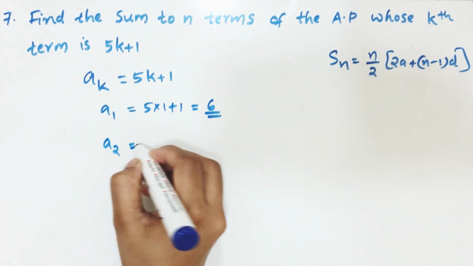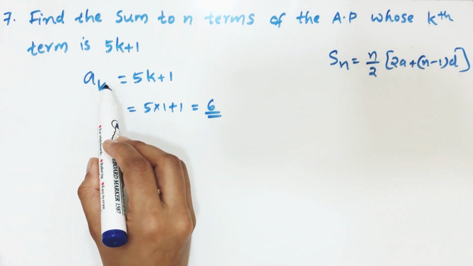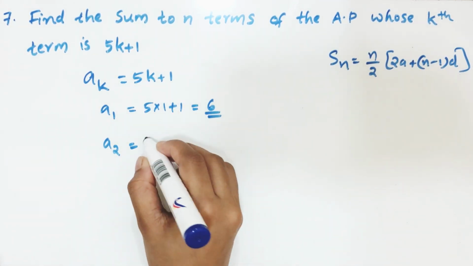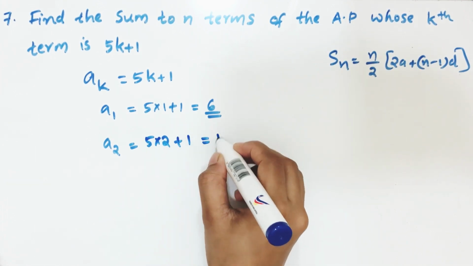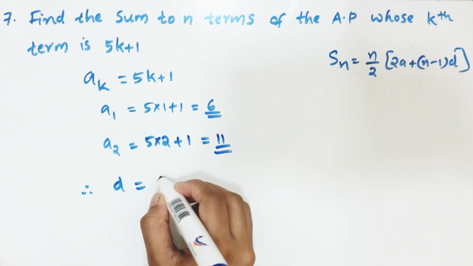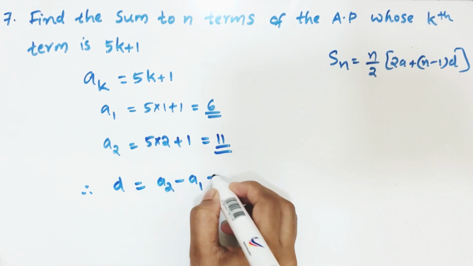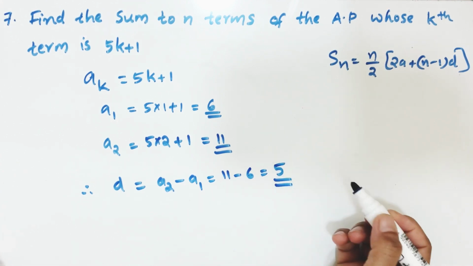To get the common difference, a2 minus a1. So for a2 substitute k equal to 2. We get 5 into 2 plus 1, which is 10 plus 1, 11. Therefore the common difference d is equal to a2 minus a1, which is 11 minus 6, equal to 5.